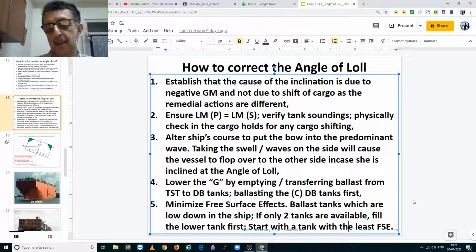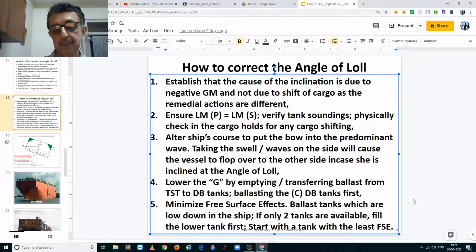instead of filling up tanks with greater free surface effects. That is because a tank with smaller free surface effect has smaller breadth, and a tank with larger free surface effect has larger breadth. Large free surface moments are related to large breadths. So you are in fact compounding your angle of loll condition by filling up tanks with larger free surface moments.